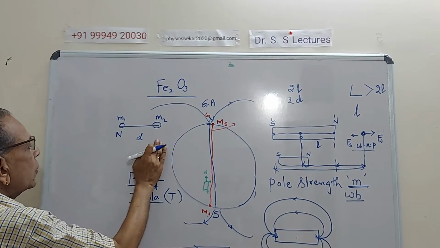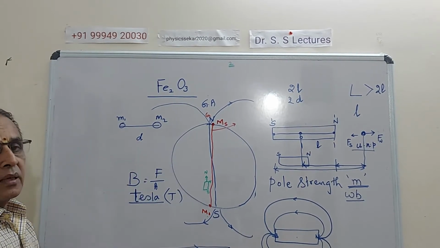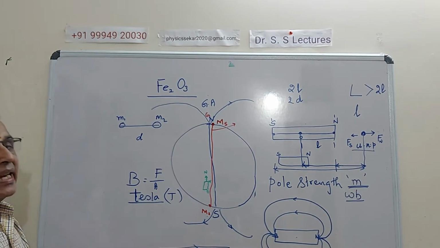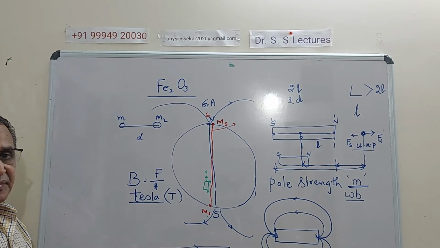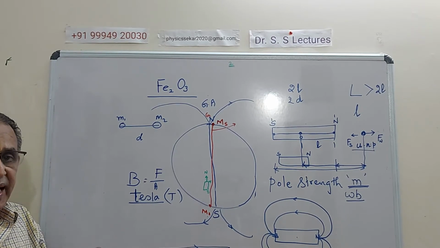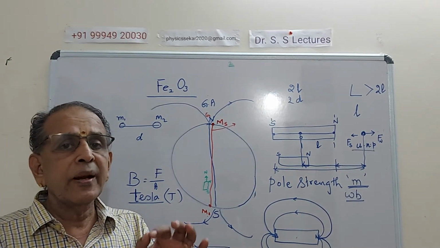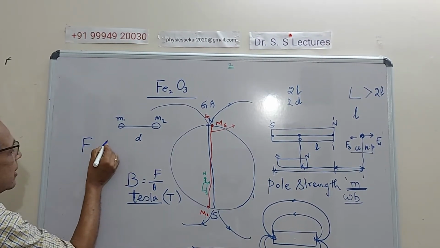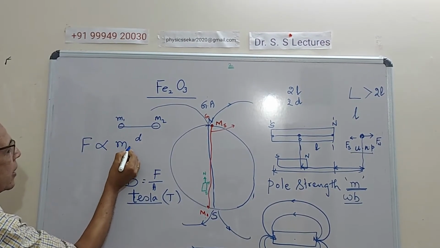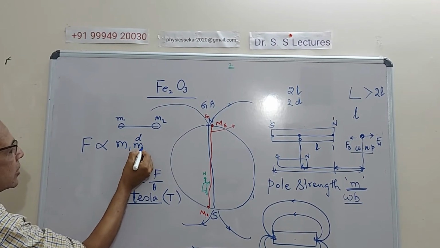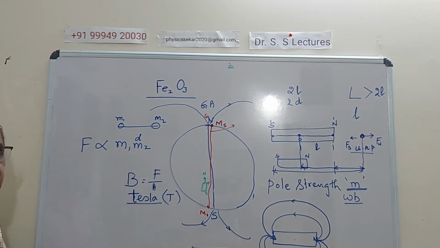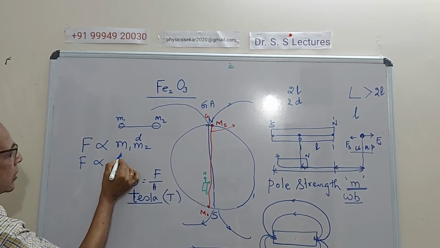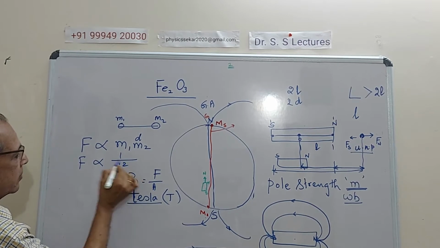Generally I define either the force of attraction or the force of repulsion. This force may be proportional to the product of the two pole strengths and inversely proportional to the square of the distance between them.